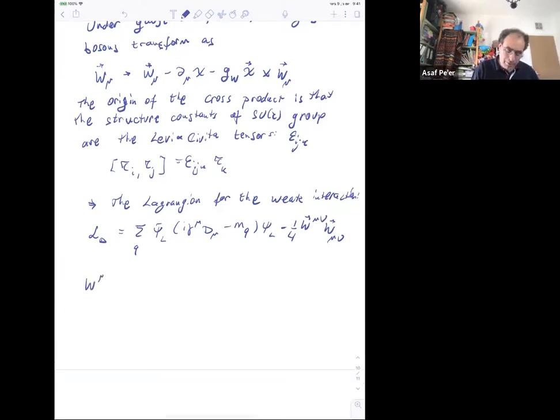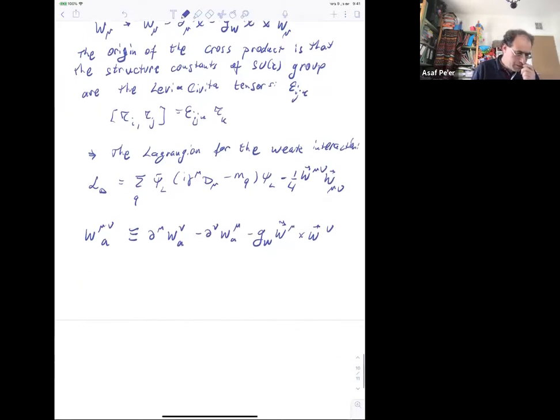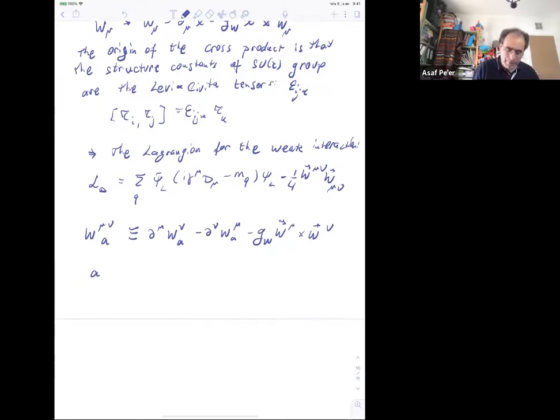W_μν^A is defined to be ∂_μ W_ν^A minus ∂_ν W_μ^A minus g_weak W_μ cross W_ν. A is 1, 2, 3. These are the three gauge bosons that we have there.